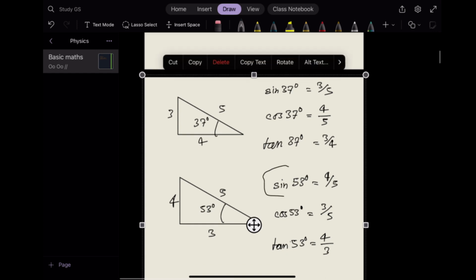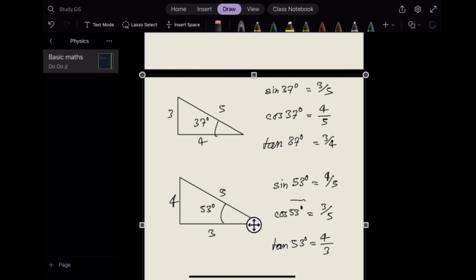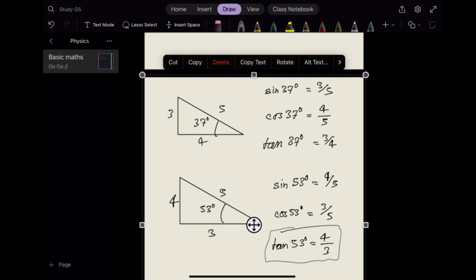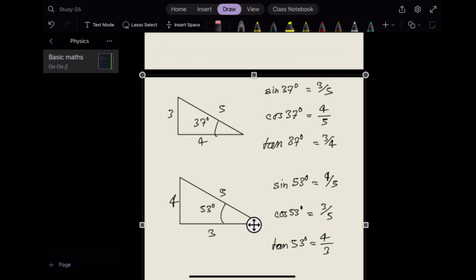Sine 53 degree is 4 by 5, cos 53 degree is 3 by 5, tan 53 degree is 4 by 3.